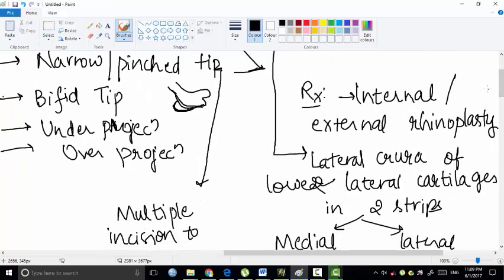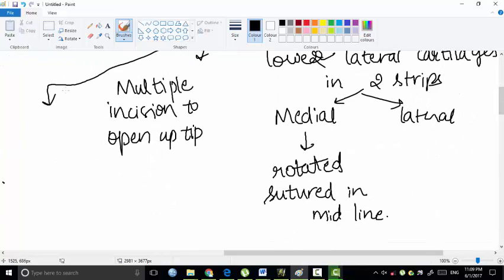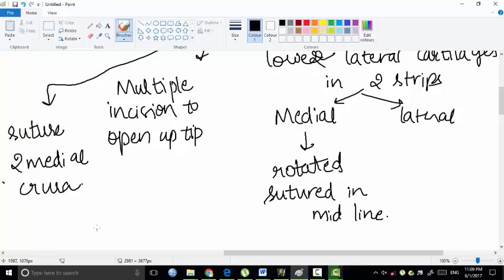A bifid tip is basically due to two medial crura which have failed to join. So here we suture those two medial crura which have failed to join. Suturing the two medial crura results in correction, right?